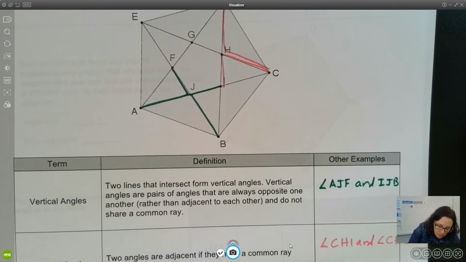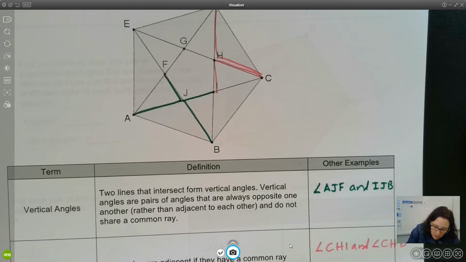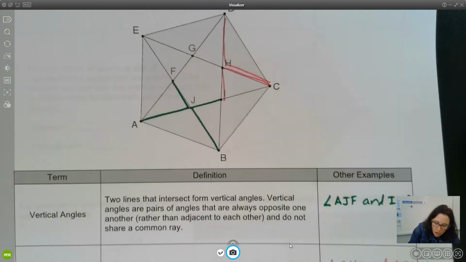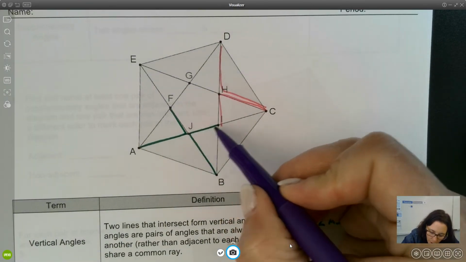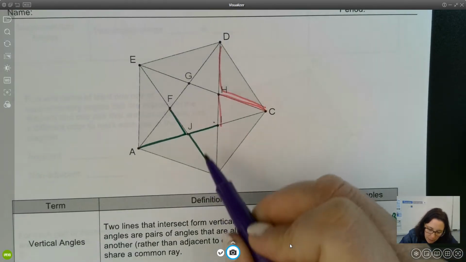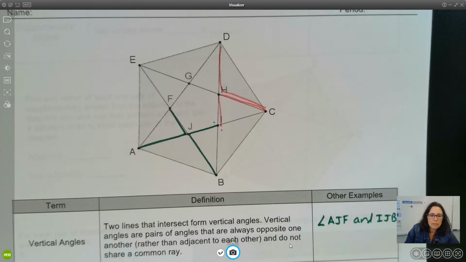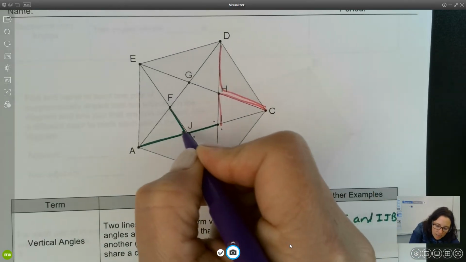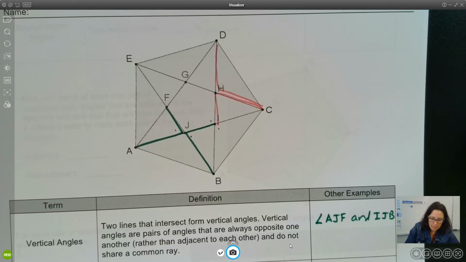So angle JIH and angle BIC. Let me show you what those are. JIH, so that one right there, and BIC, that angle right there. Those are vertical to each other, just as these were vertical.